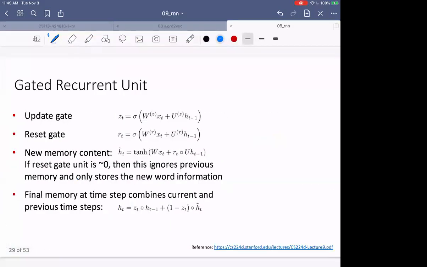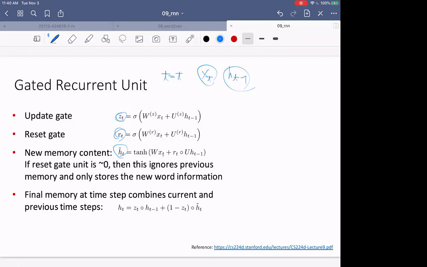So let's see how they all come together. At the t-th time step, you already have XT, which is your input, and HT minus 1, which is your previous hidden layer. Given that, you can calculate ZT and RT, and using ZT, RT, XT, and HT minus 1, you can calculate an intermediate hidden layer, H tilde.